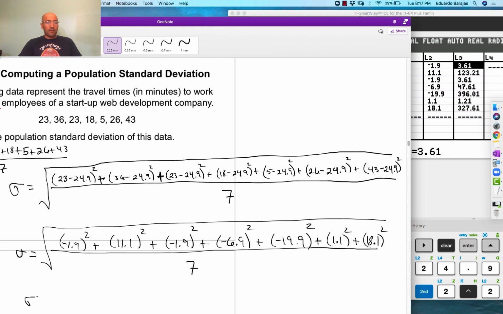Okay, so again, keeping my work here. L3 was each one of these squared, so I can just copy it right from there.